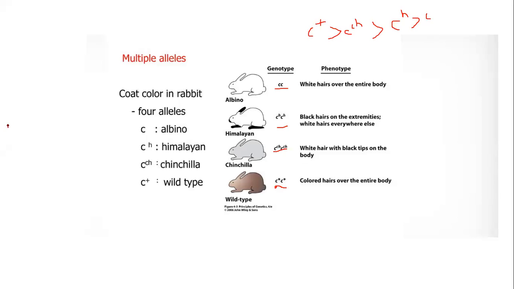So, for example, C plus, when crossed with CC, will produce C plus and C, and when both of these combine, they will make the heterozygous wild type.